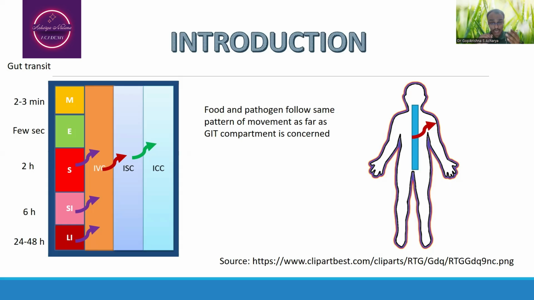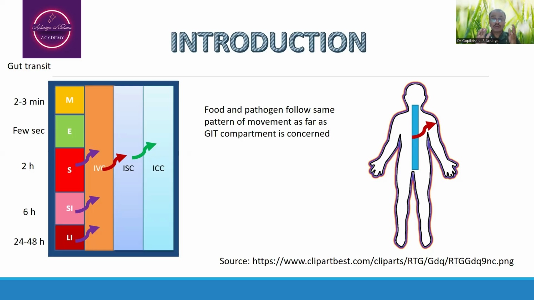After that 6 hours, the food present in the small intestine will be entering into the large intestine, wherein the food will remain for a period of 24 to 48 hours. Later, this will be responsible for the absorption of water and electrolytes, etc., from the large intestine, and that will be entering into the capillaries.